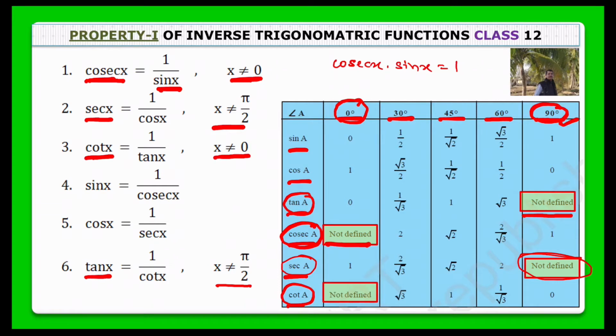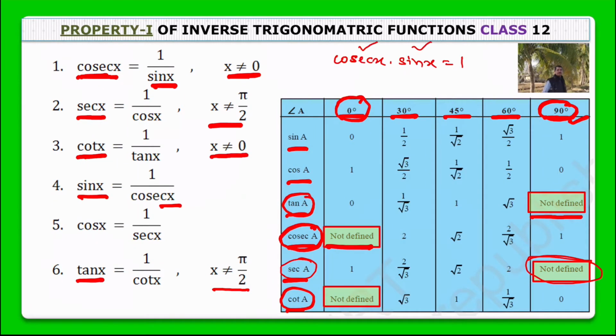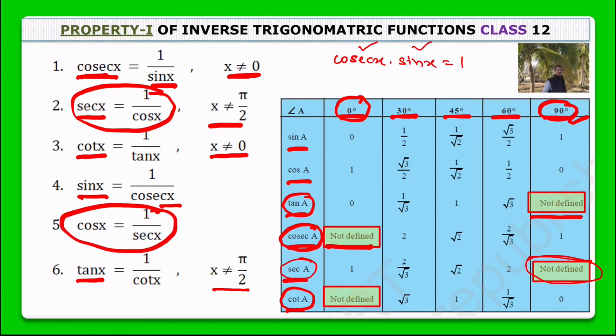Similarly in the fourth, sin x into cosec x, it means there is a relation between cosec x and sin x. Similarly sec x and cos x in the second, and in the fifth the product of sec x and cos x is 1.